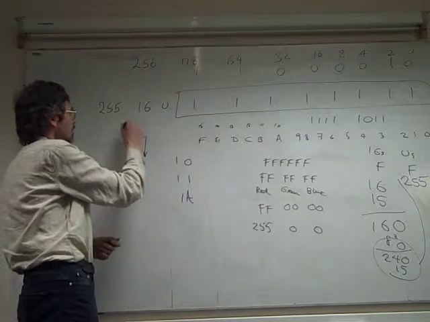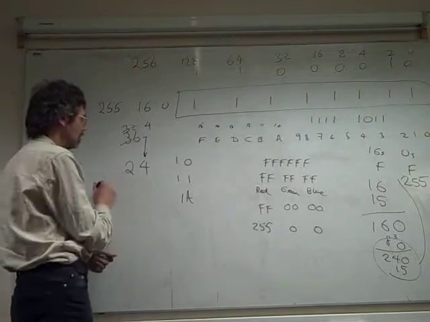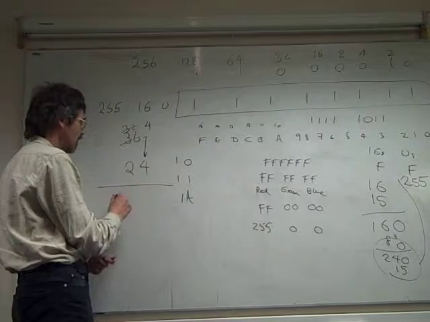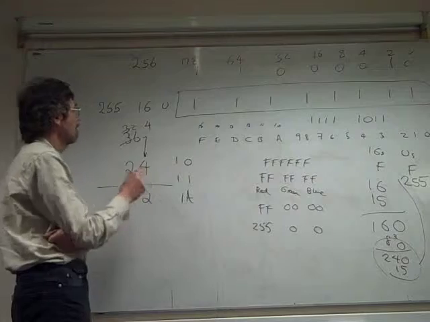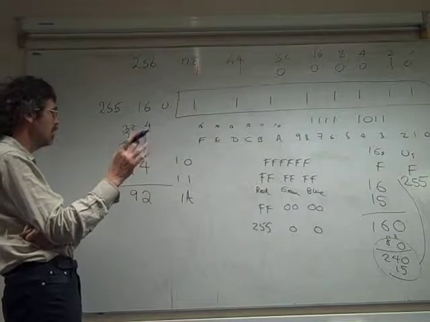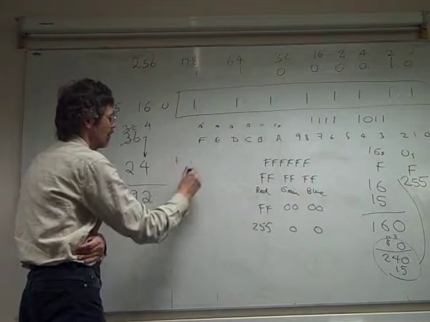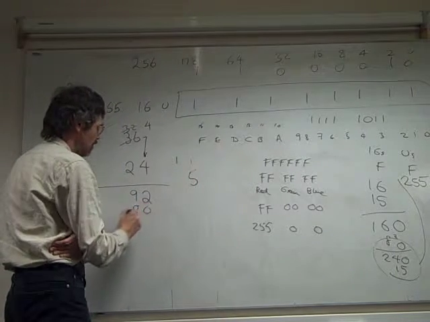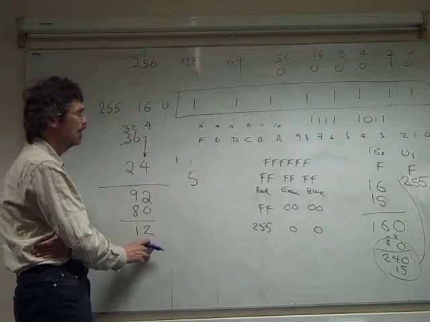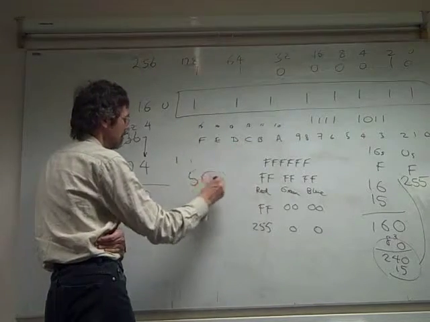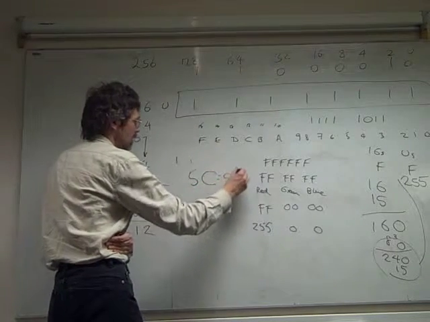I've got 32 gone, 4 left over. That's the number 24. If I had another example of 92, well, 5 16s are 80, so I've got a 5. 80 used, 12 left over, using my handy cribber, 5C is the same as 92.